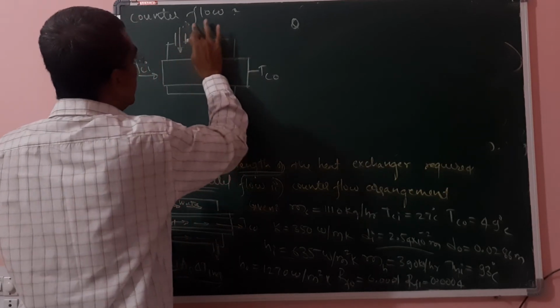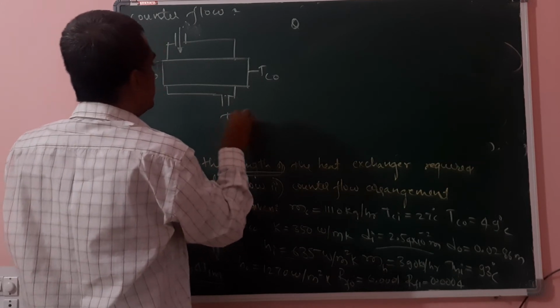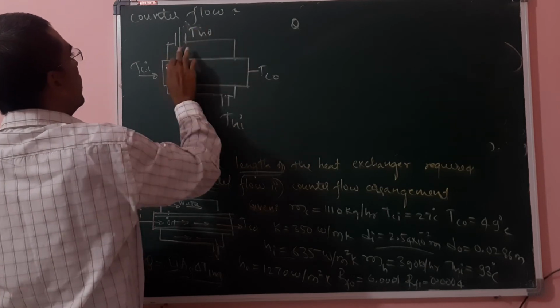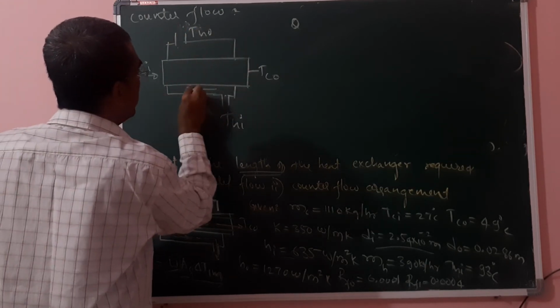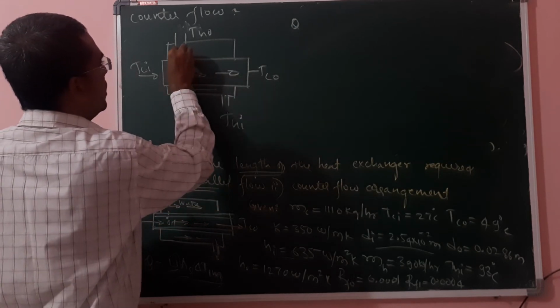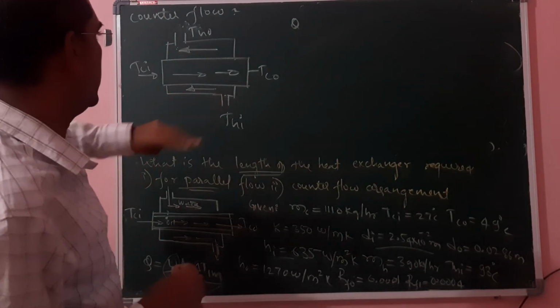Thi and Tc naught are in the opposite direction. Hot fluid is flowing in this direction, cold fluid is flowing in the opposite direction.